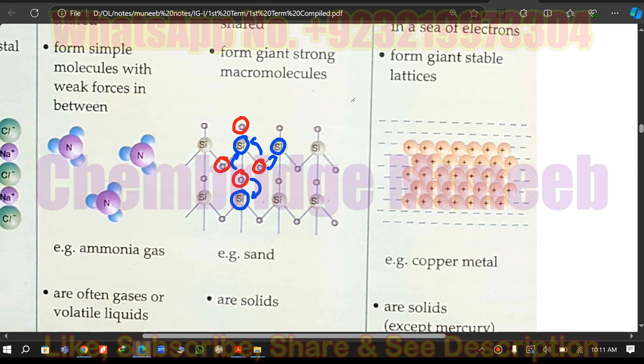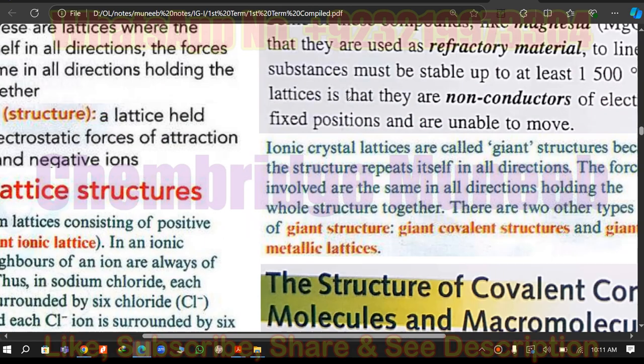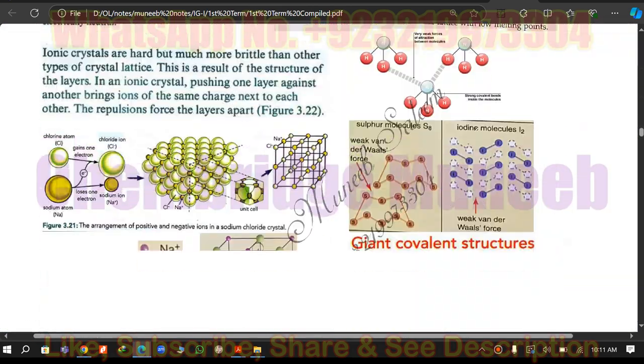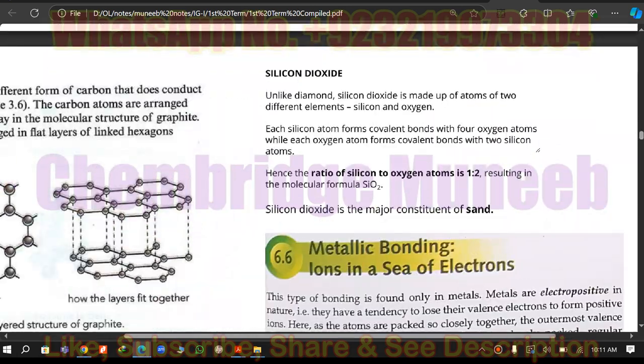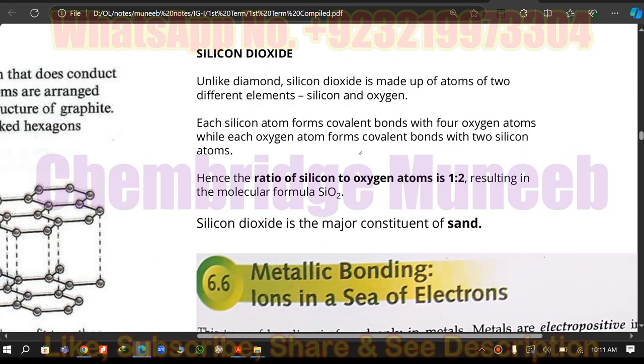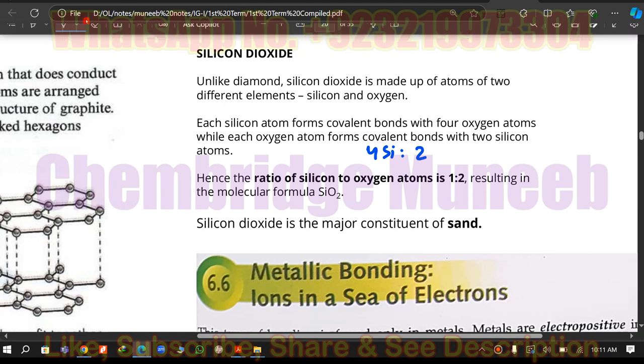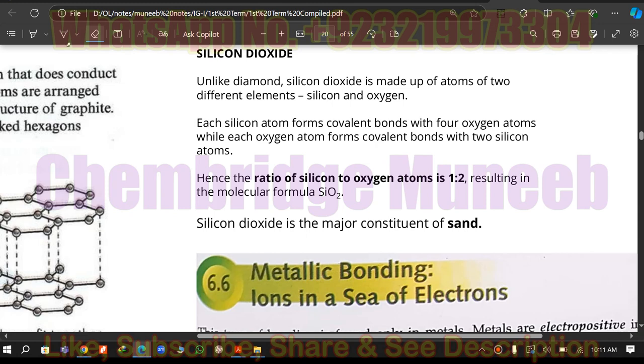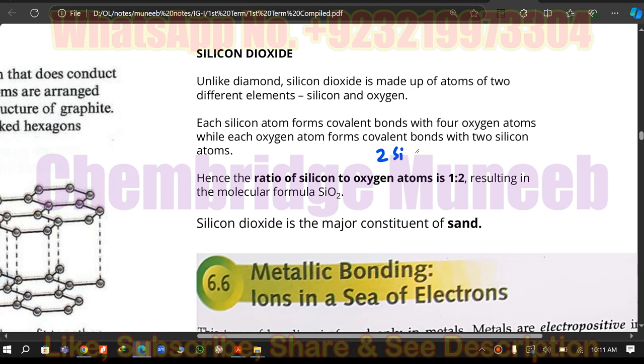Because of this, we can say that the ratio between the oxygen and the silicon comes out like this. It says clearly here. Let's see, 4 silicon atoms bonded with 2 oxygen. My mistake. For every 2 silicon atoms, there is a ratio of 4 oxygen atoms.